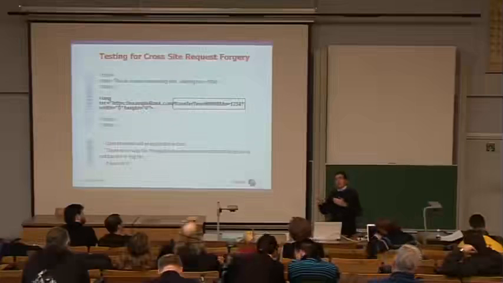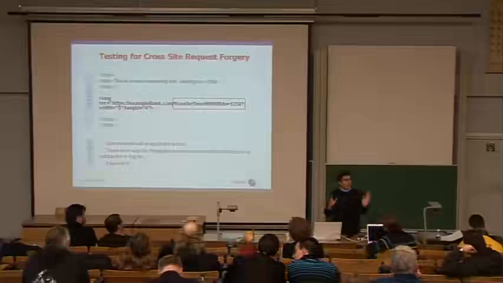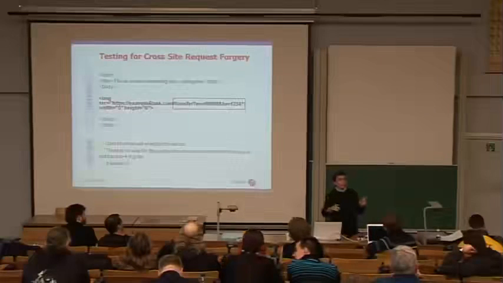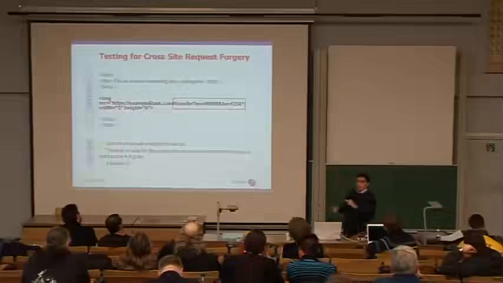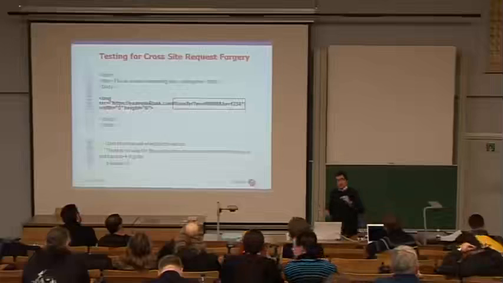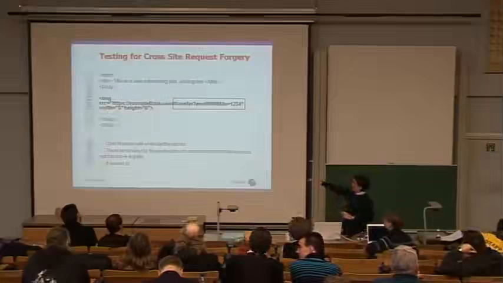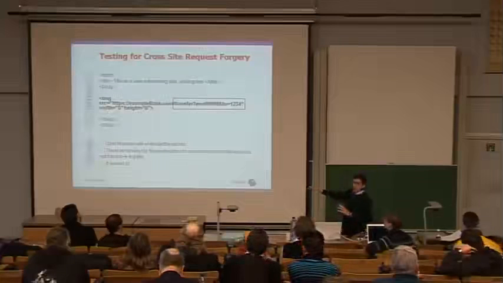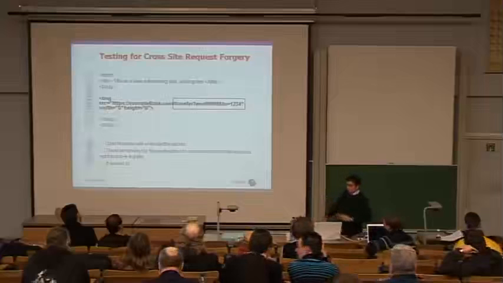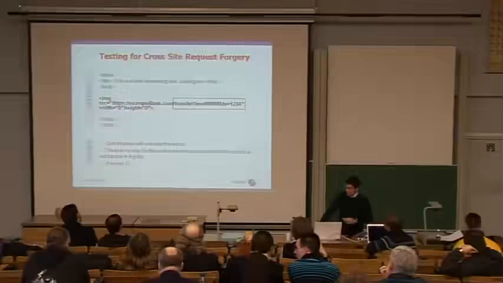So it's a big problem for saying, hey, I didn't do that, but the application sees that you are authenticated and you are performing that action. So it's a big problem to prove that you did not request this kind of fund transfer. So cross-site request forgery is a big vulnerability to test and to understand.